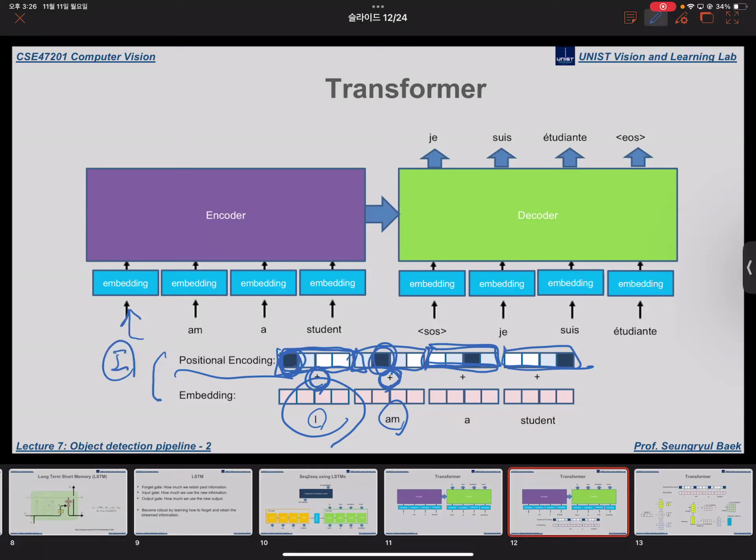So I mean, we do not input the letter I directly to the transformer, but we have to calculate some vector. We call this the word embedding, which is the representation for each word frequently used in the NLP domain. They transform the word itself to some mathematical vector. So we call that the word embedding.